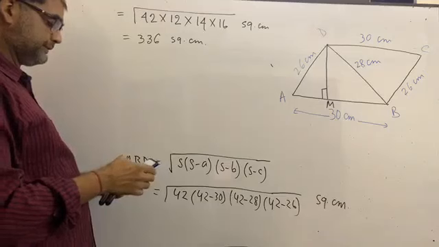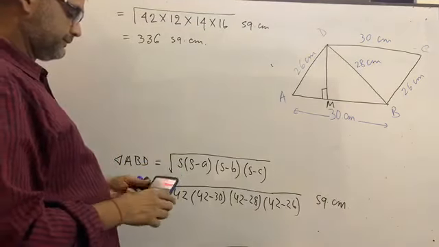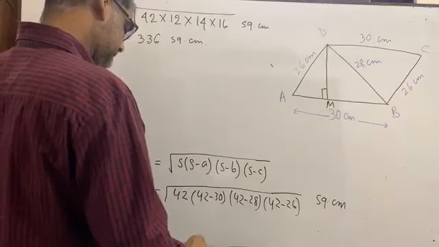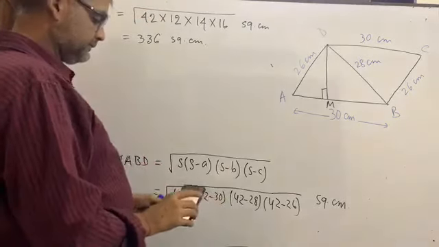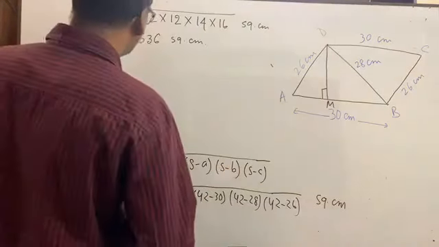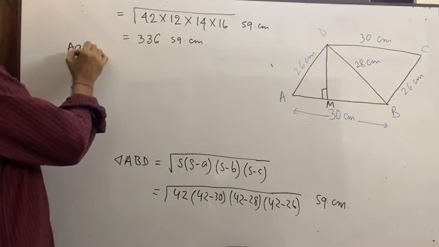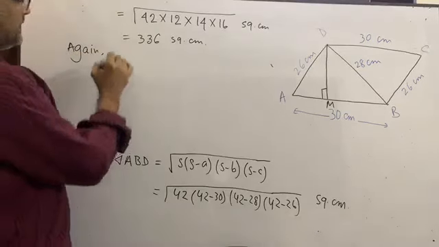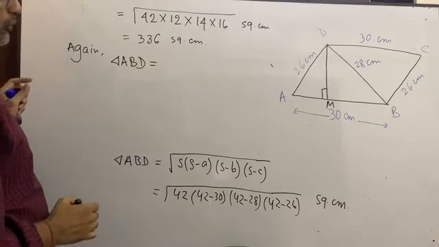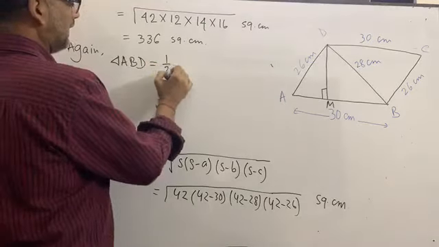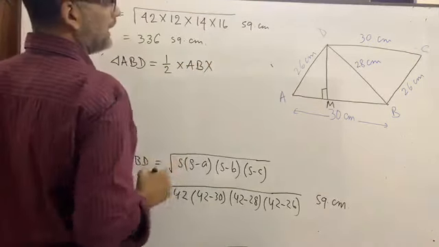Again we know that, write down again, triangle ABD is equal to half into base into height.